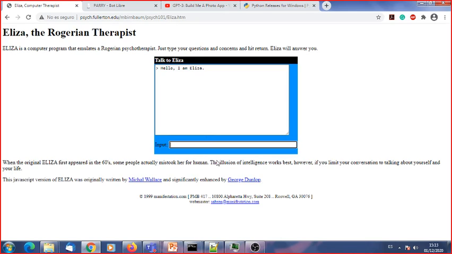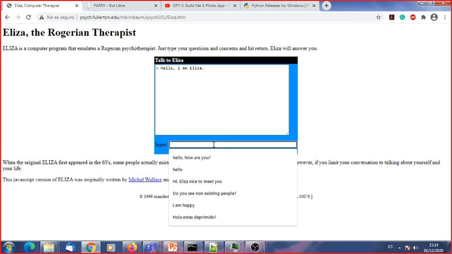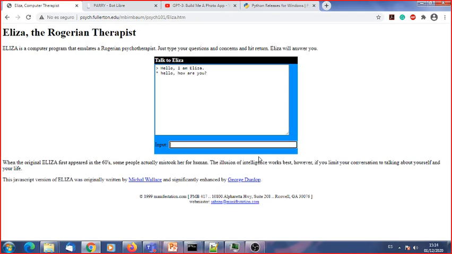And in order to keep the illusion of intelligence, you have to limit your conversation to talking about yourself and your life. So here, hello, how are you? And Eliza answers, I hope so. Would you prefer if I were not?